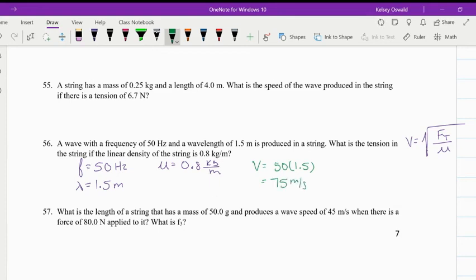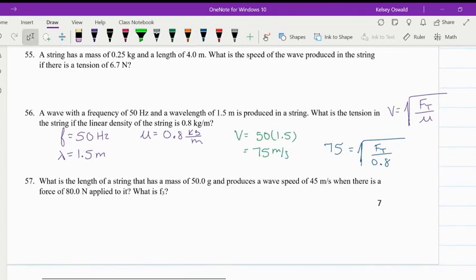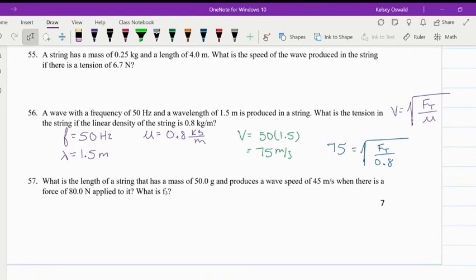Okay. Now that we know how quickly that wave is moving, we can plug it into our other equation for velocity, that our velocity is equal to the square root of our force of tension over your linear density, and solve for your force of tension. Awesome. So now that we have 2 equations for velocity, we're able to use those in conjunction with one another.